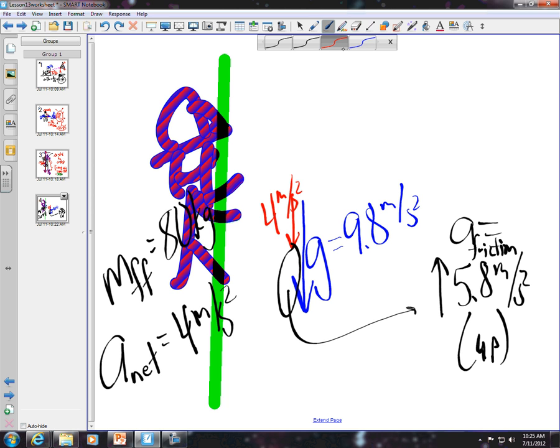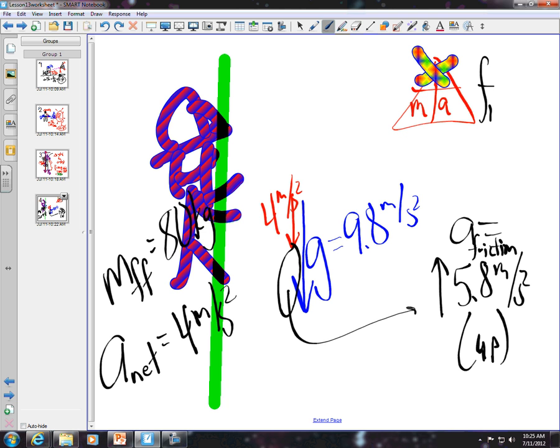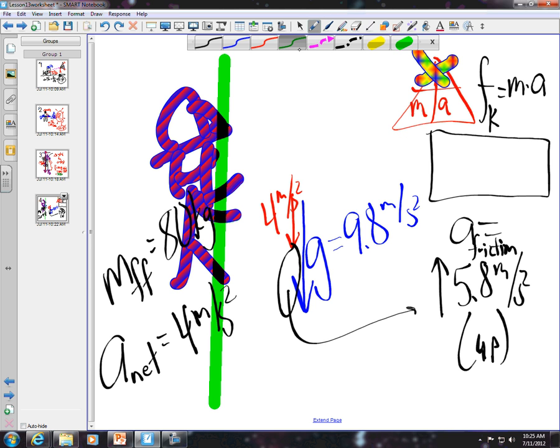If we want to find the force of friction, again, force is mass times acceleration. The kinetic friction force is the object's mass, which is now a person's mass, times 5.8.